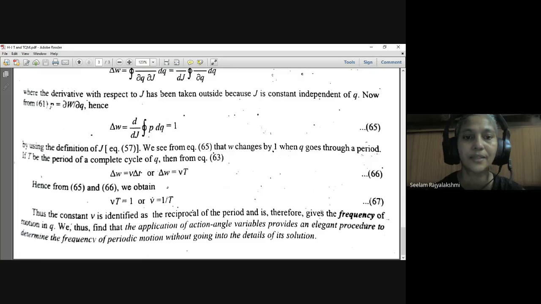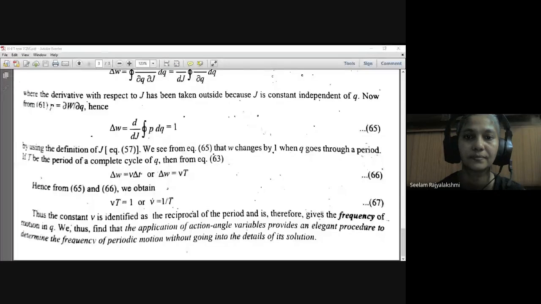We thus find that the application of action-angle variables provides an elegant procedure to determine the frequency of periodic motion without going into the details of its solution. Thank you, children.